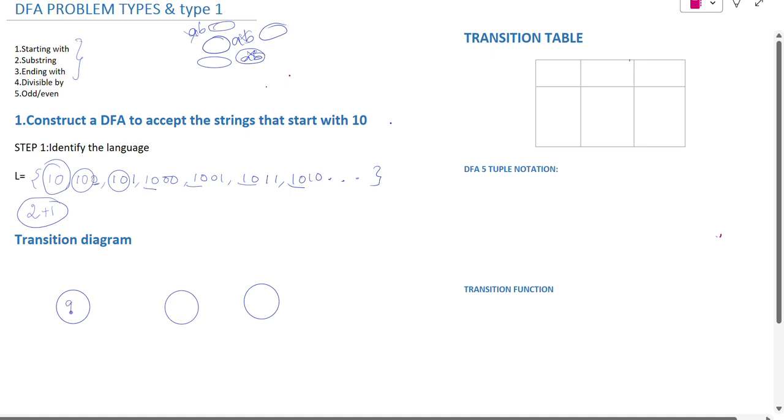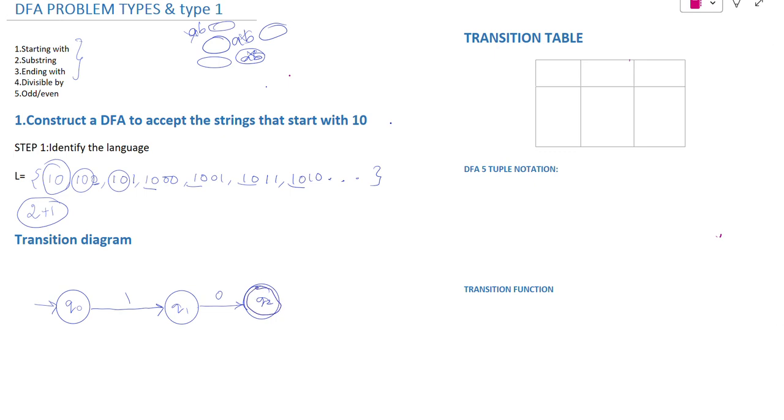Let these be Q0, Q1, Q2. This is the starting state, and let this be the final state, because it starts with 10. The simplest string is accepted at this point.